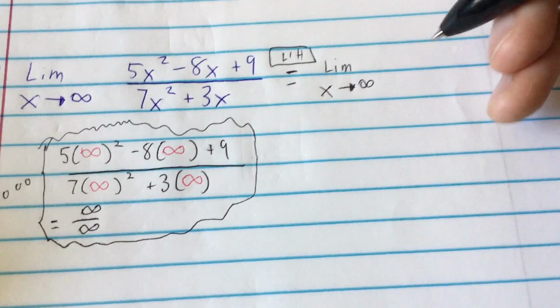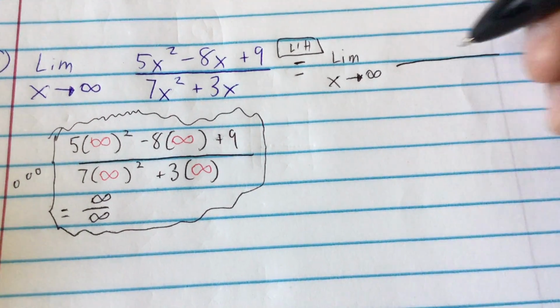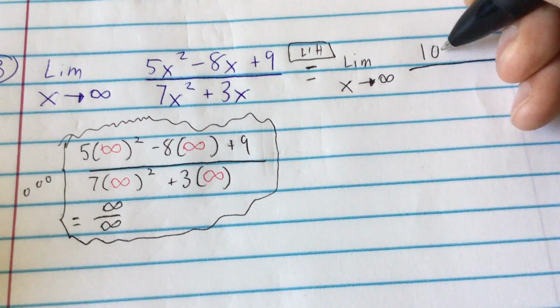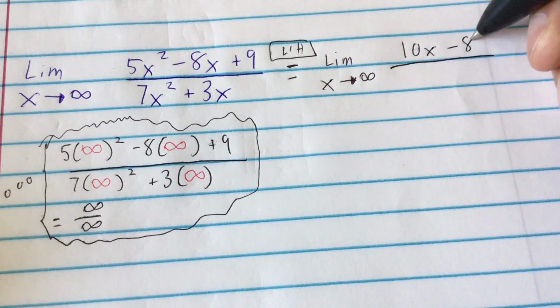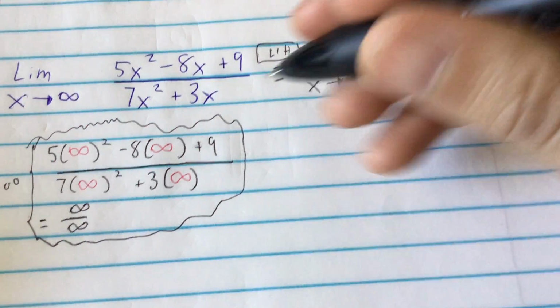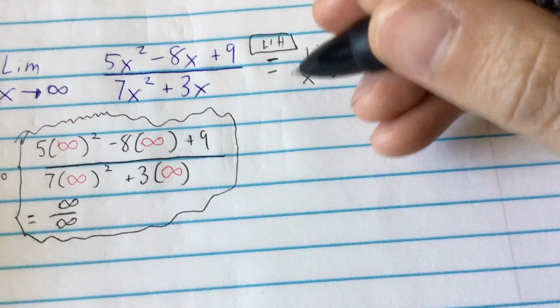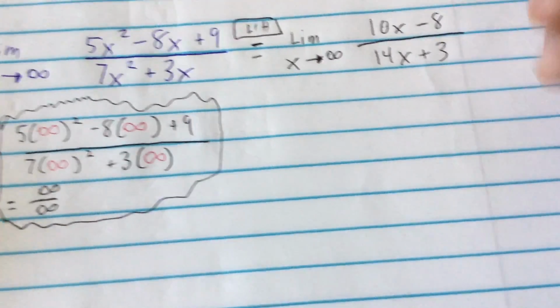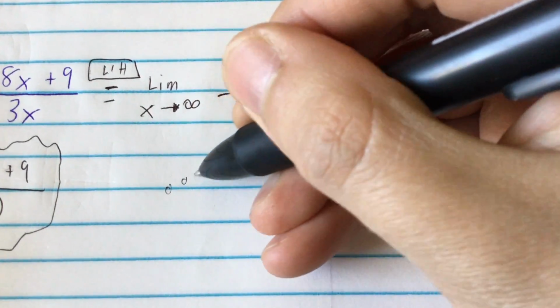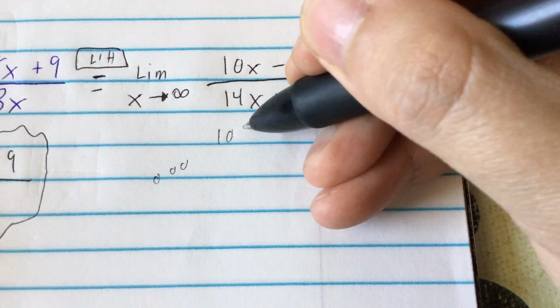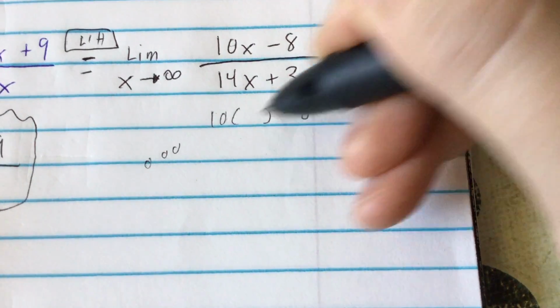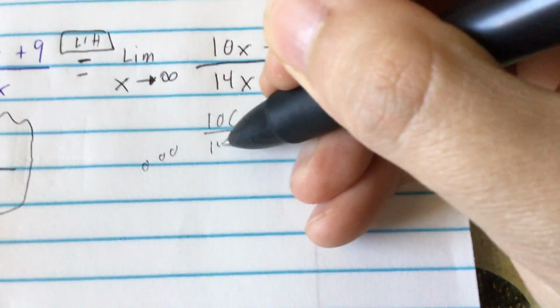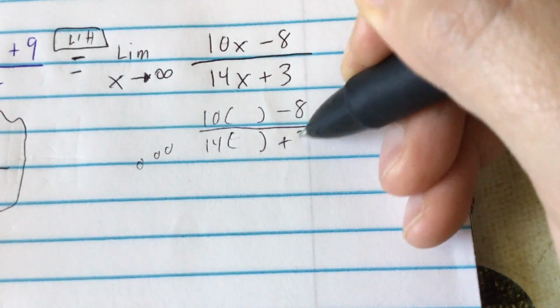Take the derivative of the top for me. 10x minus 8 on the top over 7x squared plus 3x. That derivative is 14x plus 3. So I'm going to try direct substitution, but you notice that I'm going to get 10 times infinity minus 8 over 14 times infinity plus 3.